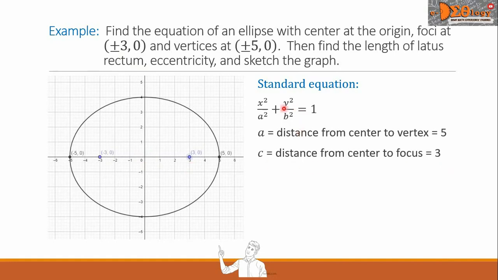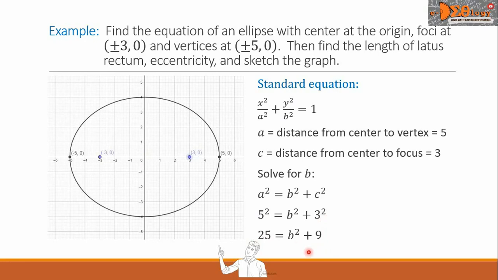So we need to solve for b, and we will use this Pythagorean relation, a squared equals b squared plus c squared. Substituting the values, we have 5 squared equals b squared plus 3 squared. This 5 squared is 25 and the 3 squared is 9.